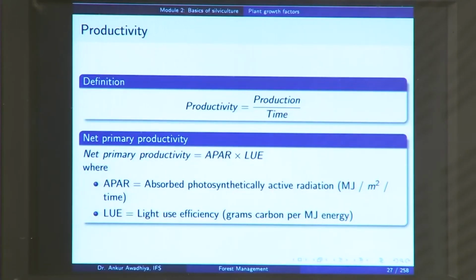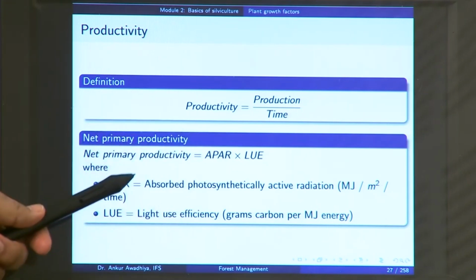Now, apart from efficiency, we also define productivity. Productivity is defined as production per unit time. So, if you have gross primary production and you express it per unit time, you will get the productivity, or the gross primary productivity. Net primary productivity can also be represented as APAR into light use efficiency.